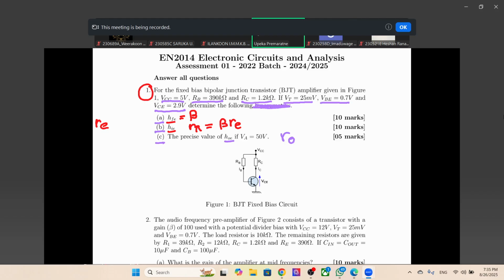HOE is R0. We learned that R0 is equal to the early voltage plus VCE, divided by IC. I'll write it over here for clarity.